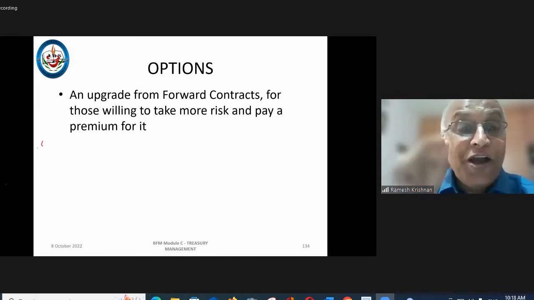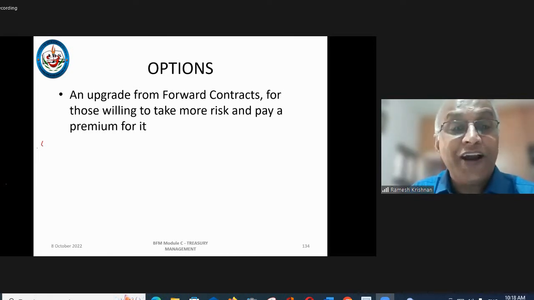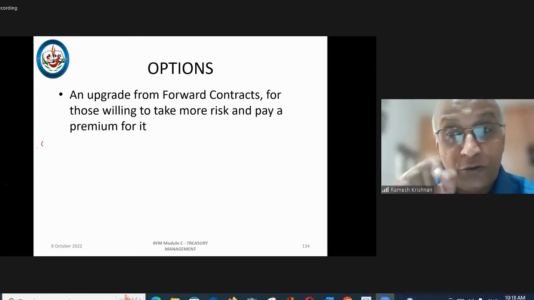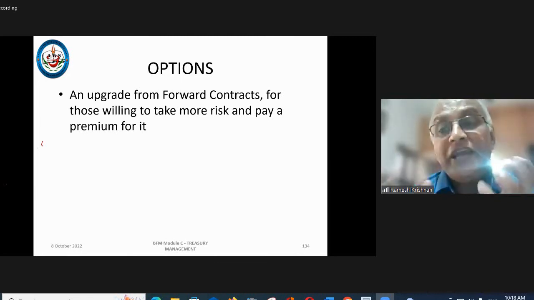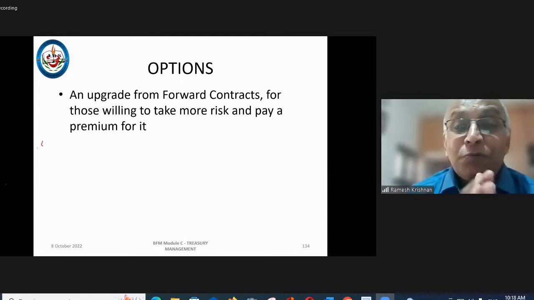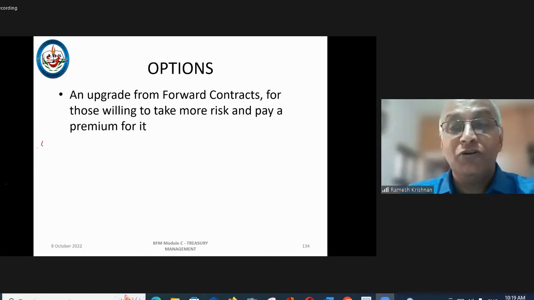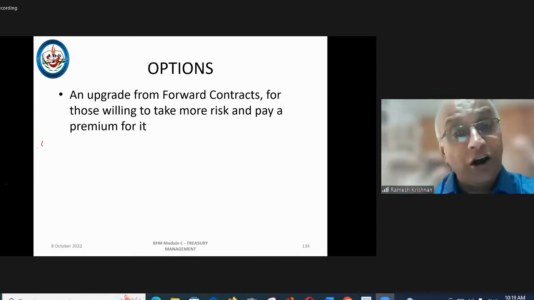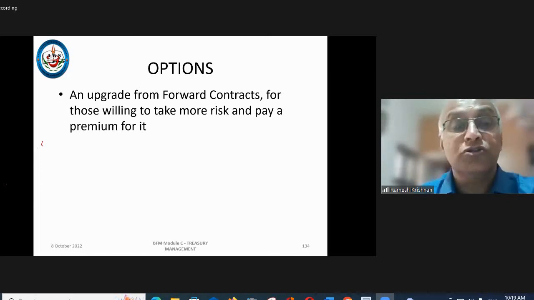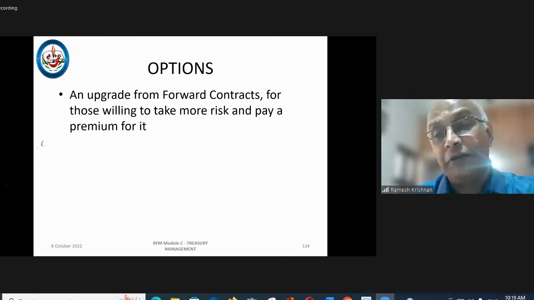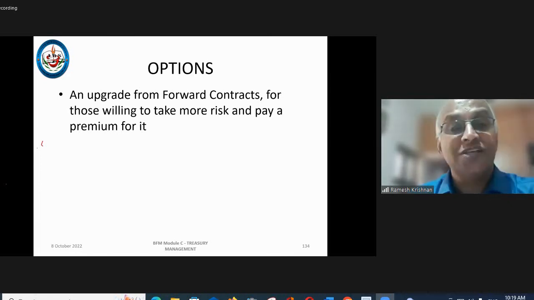Okay, so it is an upgrade from a forward contract for those willing to take more risk and pay. For an option, if you want to hold that right, you want to buy an option, then you should pay a premium. For a forward contract, you go to any bank, everybody will quote for December 82.50 on that particular day in October, because that day's spot was X and the premium was Y. X plus Y was 82.50, with 1 paisa here and there.